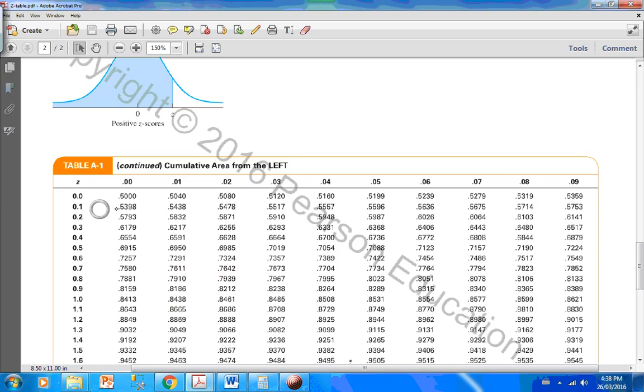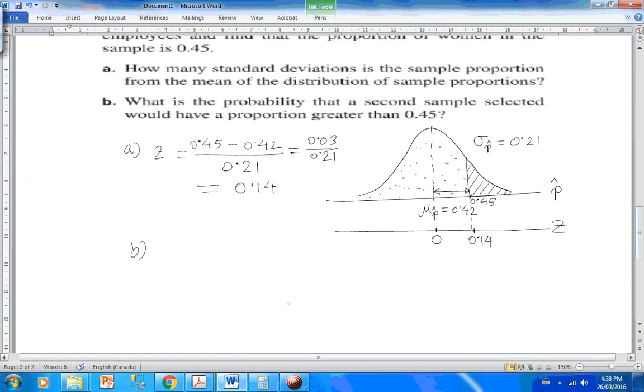So it looks like the percentile position for 0.14 is 0.5557. So that's the percentile position for this Z value.